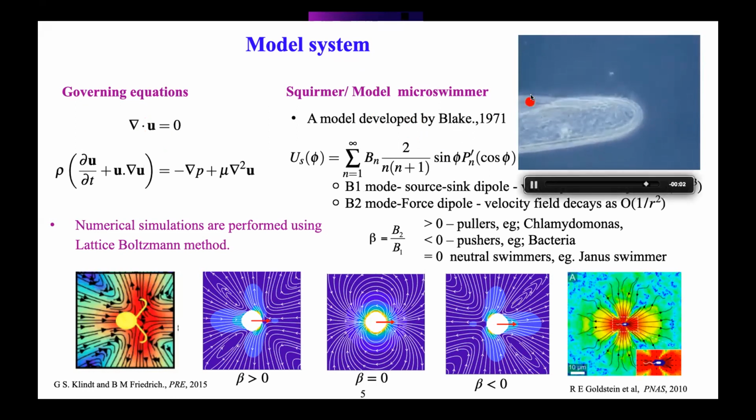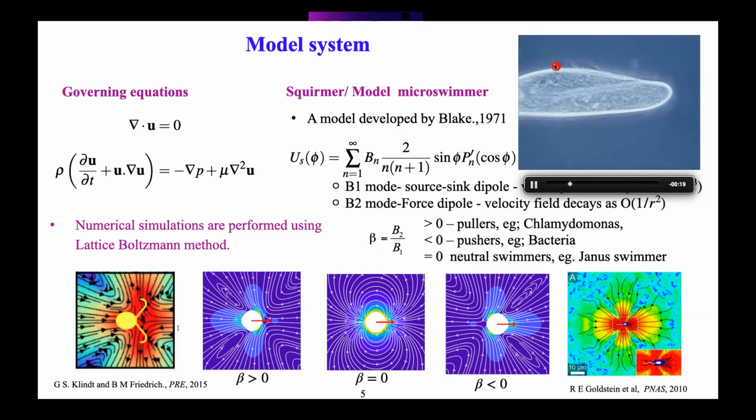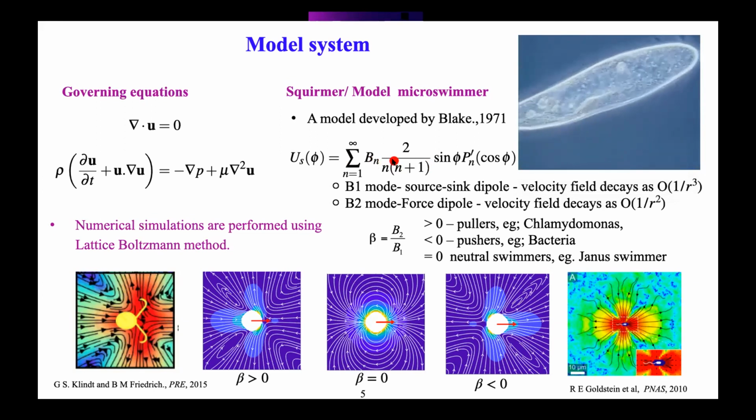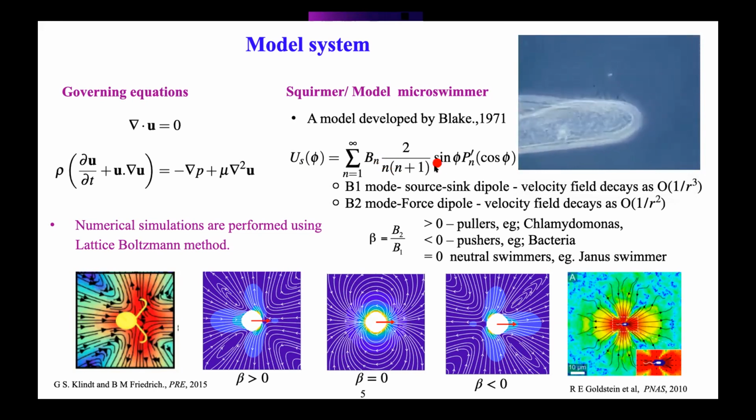In this model, the motion of cilia or flagella on the surface of this organism is approximated using a surface velocity given by this expression here. It's an infinite series where each term corresponds to a singularity of the Stokes equation. And for our study, we consider only the first two modes of the series, which correspond to the B1 and B2 modes.